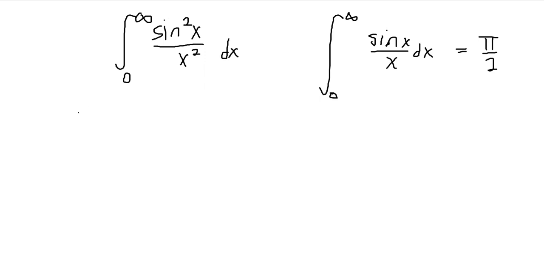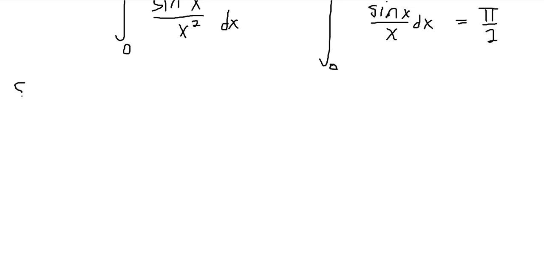So what we're going to do first is change sine squared x using the cosine double angle identity, or sometimes in this direction it's called the power reduction formula, I believe. I've never really called it like that.